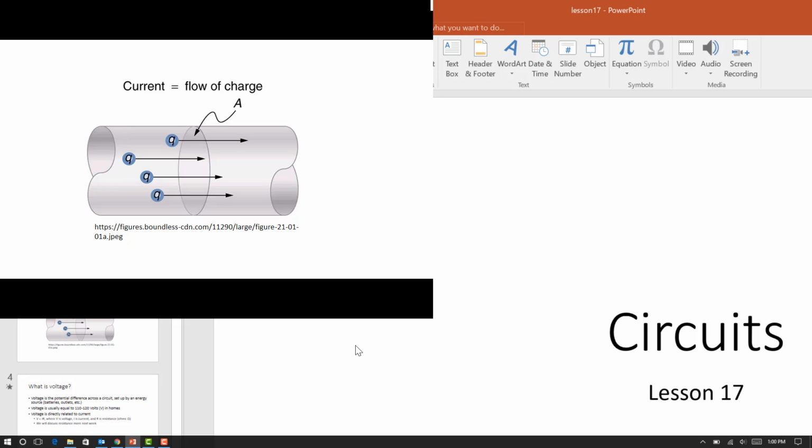Okay. So this is just an illustration of what we mean when we talk about current. So here's a particular point. In this case, we can measure it with some cross-surface area, but usually we just pick a single point in that wire and then measure how much charge is moving past that point every second. And so here's an illustration of that moving charge.